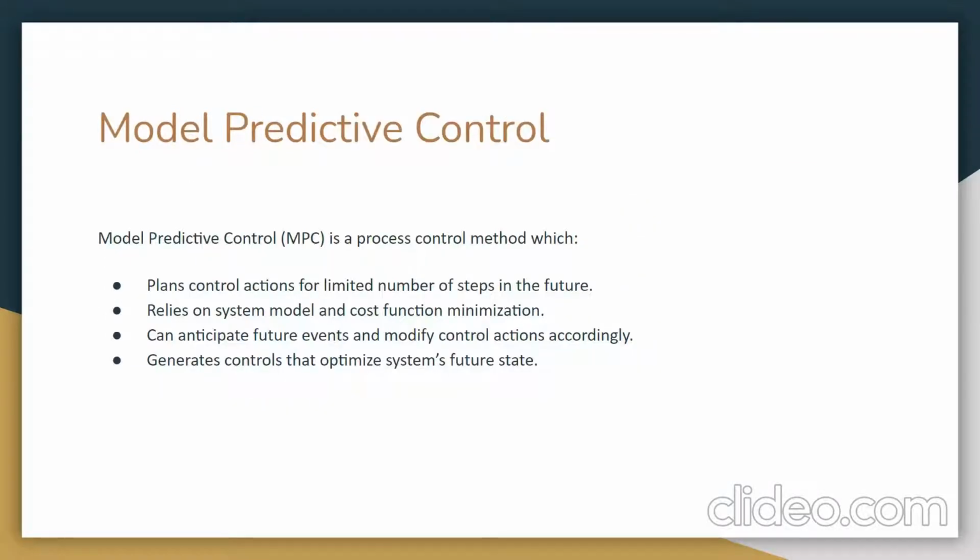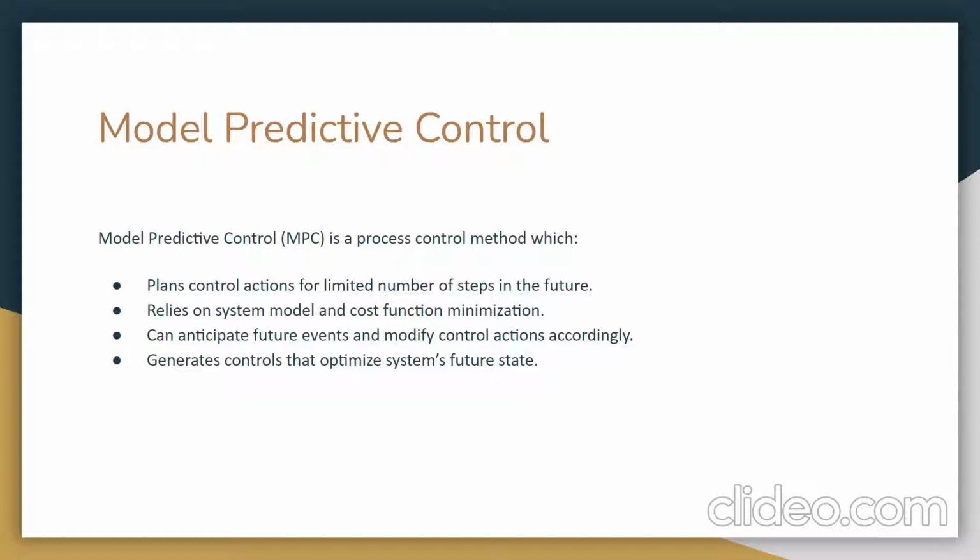In this project, we are using Model Predictive Control to control a mobile skid-steered robot. Model Predictive Control, or MPC, is a process control method which plans control actions for a predefined limited number of steps into the future. It does this relying on the system's dynamic model and a cost function that is minimized.